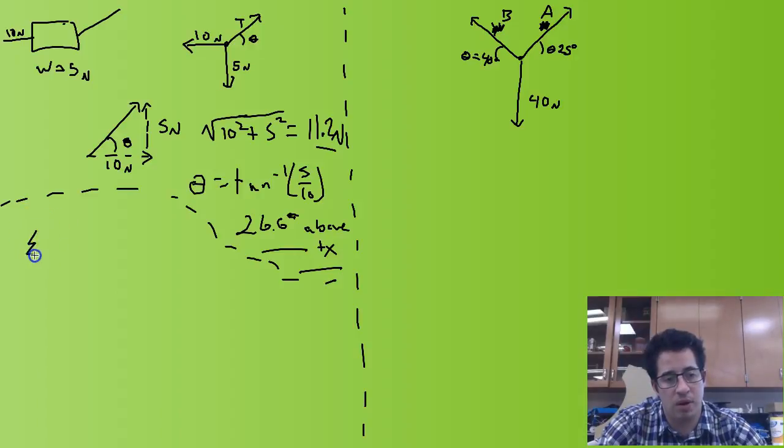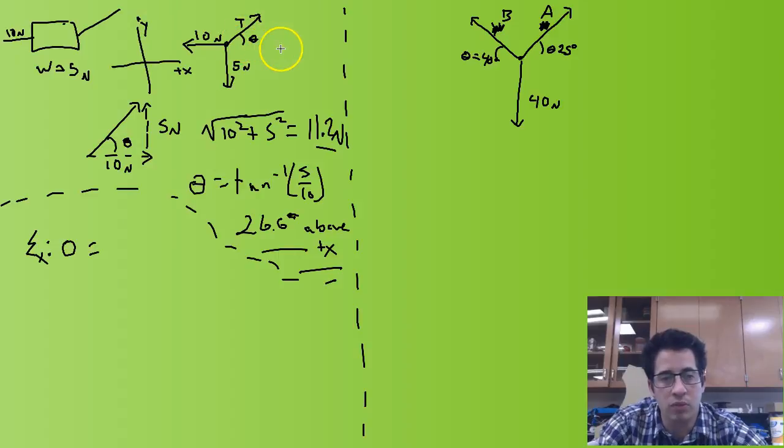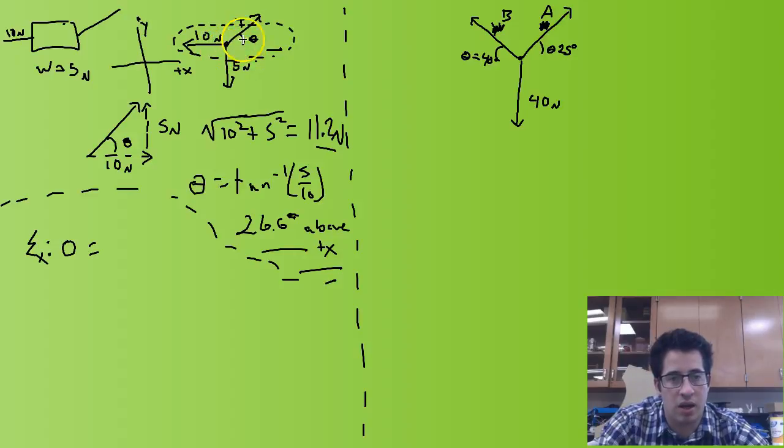And so the way that we use this, we actually use summation notation. We're going to say the sum of the horizontal forces, since it's balanced, will be equal to 0. Okay, and so if we say that we have a traditional coordinate plane with that being positive x and this being positive y, then for x, if I could draw a dotted line right here, I have a 10 newton force acting in the horizontal plane, and then I have this tension pulling up at an angle, which is partially acting in that plane, but it's just that horizontal component.